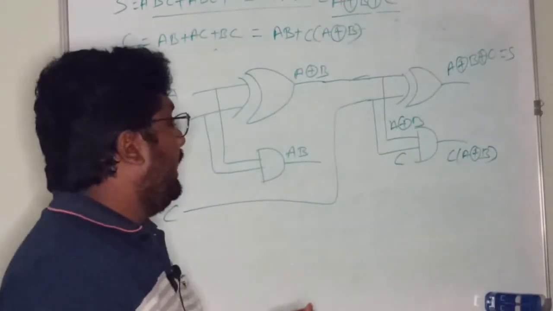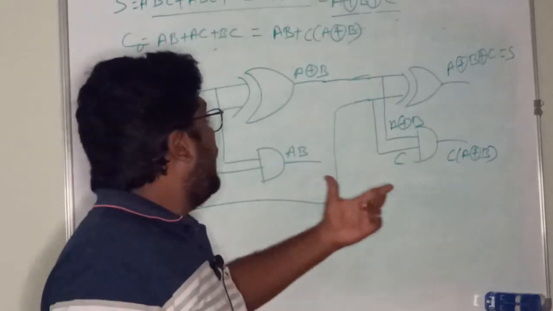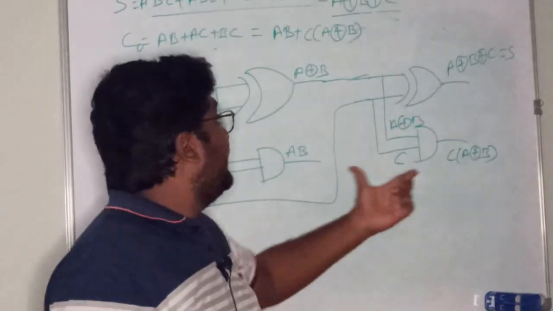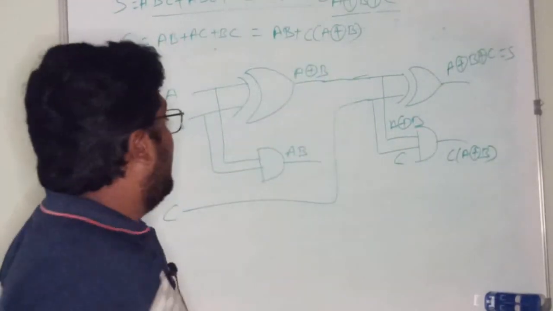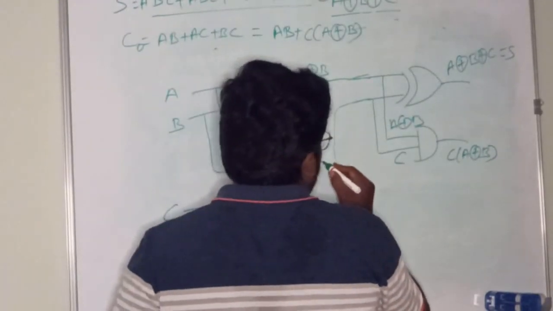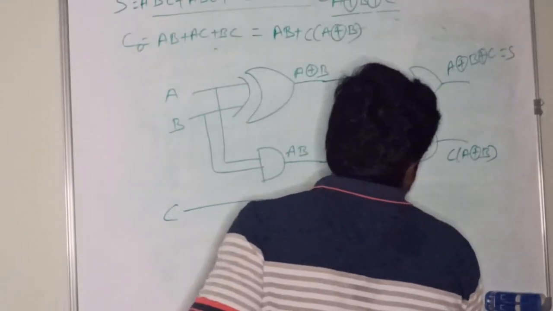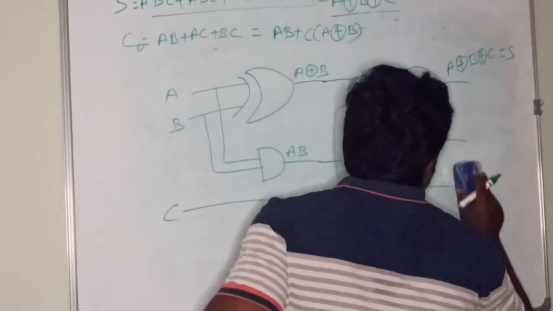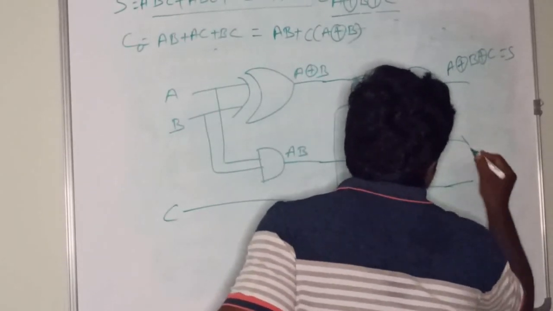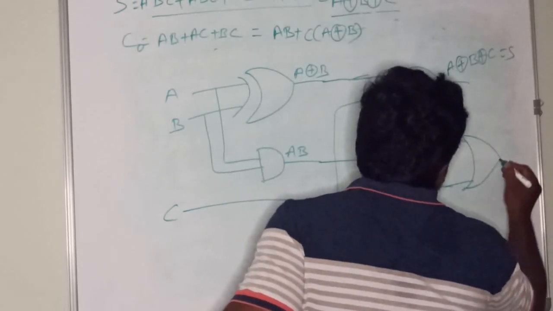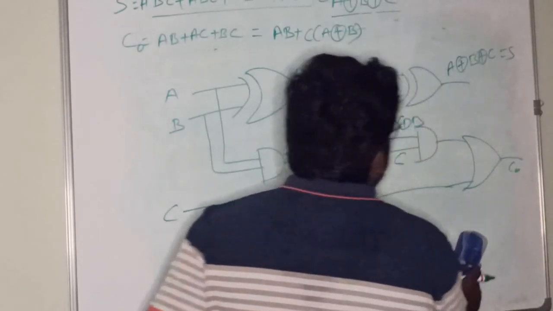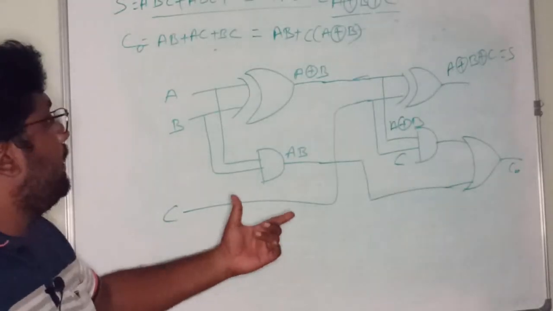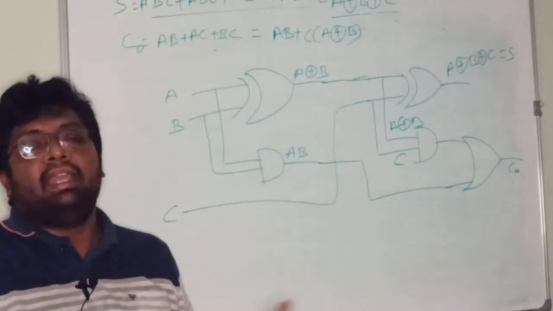Now I need to combine both these AND gates with an OR operation, right? So I am combining both these operations with an OR gate, which is nothing but C0. This is how we will be representing a full adder with half adders.